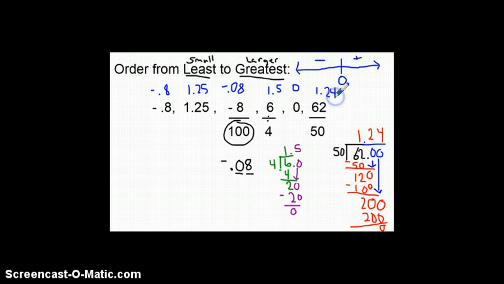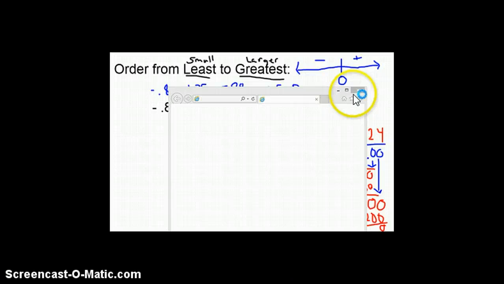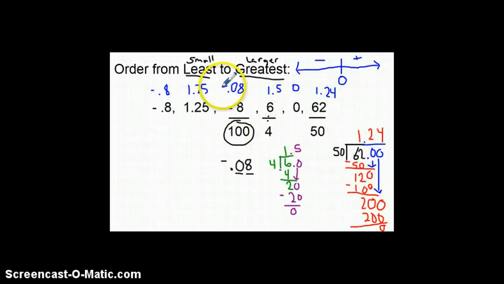Okay. Let's start with our negatives because they are smaller than 0 and our positives. So our answer will be, let's look at our two negatives, which we have here, and we have another negative here. We have to remember, the further away it is from 0 when we're negative, the smaller the number.